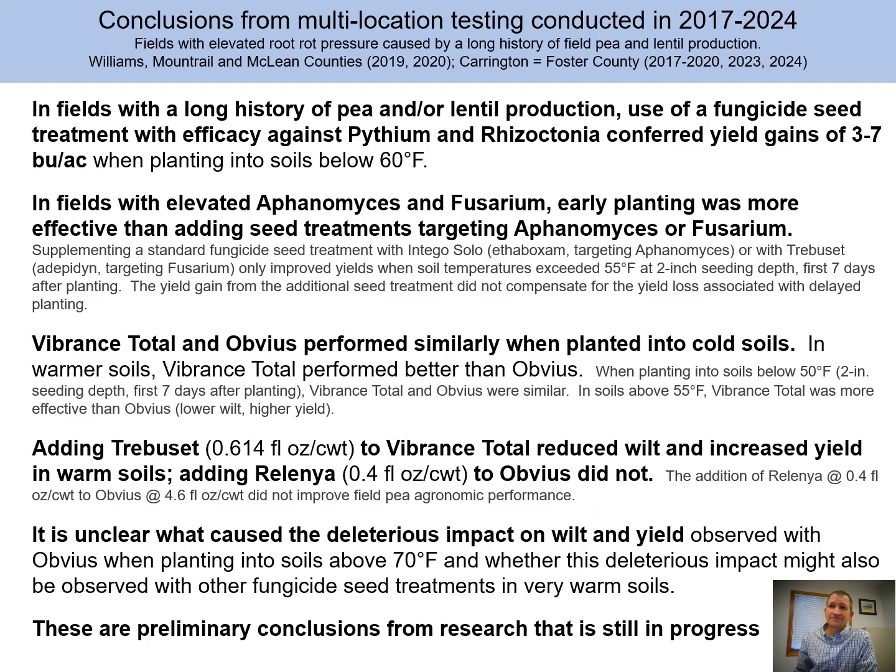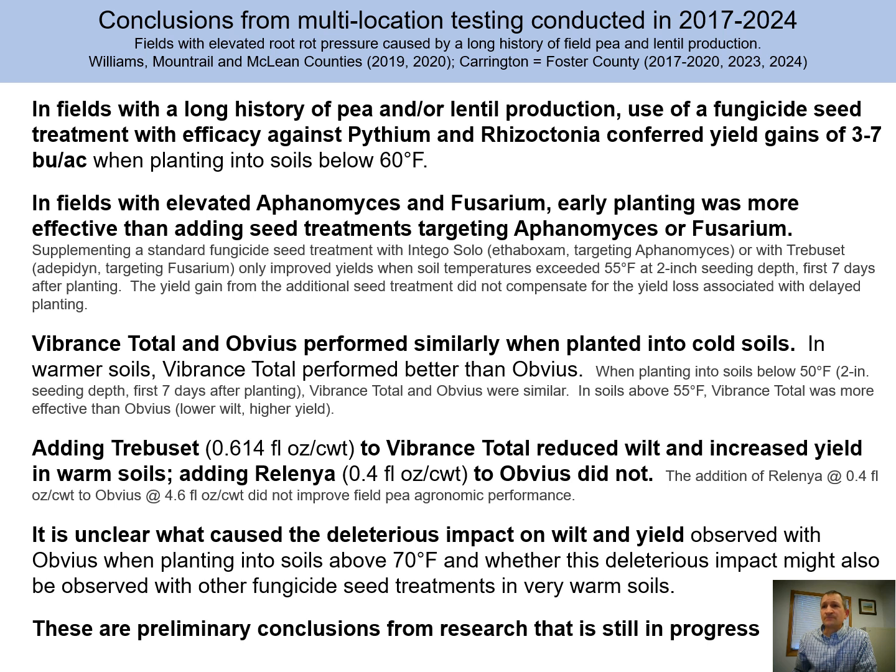How much? I haven't tested across enough locations to know for sure. But certainly the data from Williston, the data that I presented from 2017 to 2020 with Evergo Energy versus Allegiance, certainly indicates that the response to fungicide seed treatment is going to be lower in the fields that do not have a long history of pea and lentil production.